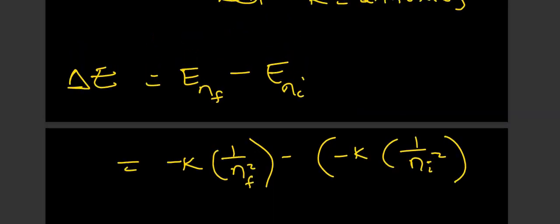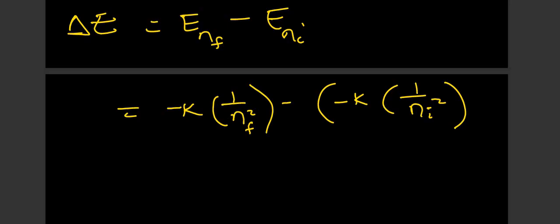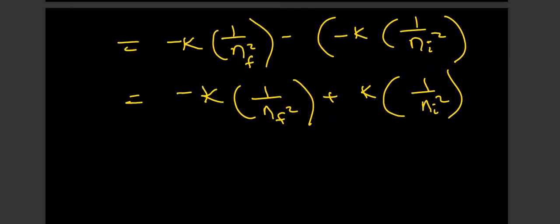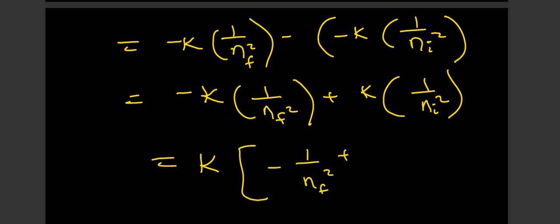So this is the same as negative k times 1 over final squared, and the minus becomes a plus: k times 1 over initial squared. I'm trying to make this into one uniform thing, so I'll write the positive one first. k is common, and what you have inside is negative 1 over final squared plus 1 over initial squared.